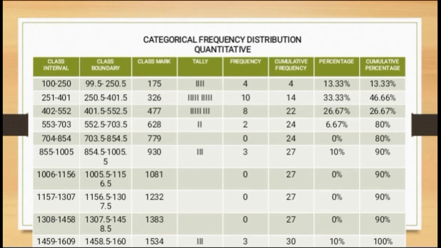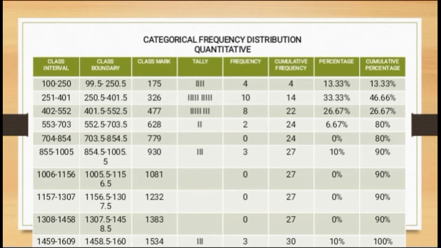Here is the tally of our quantitative data. The class interval of 100 to 250 had a tally of 4. The class interval of 251 to 401 had a tally of 10. The class interval of 402 to 552 had a tally of 8. The class interval of 704 to 854 doesn't have a tally because there is no data that belongs to this group.